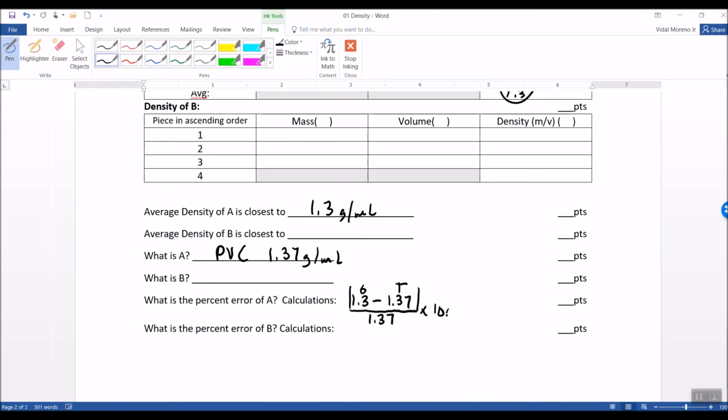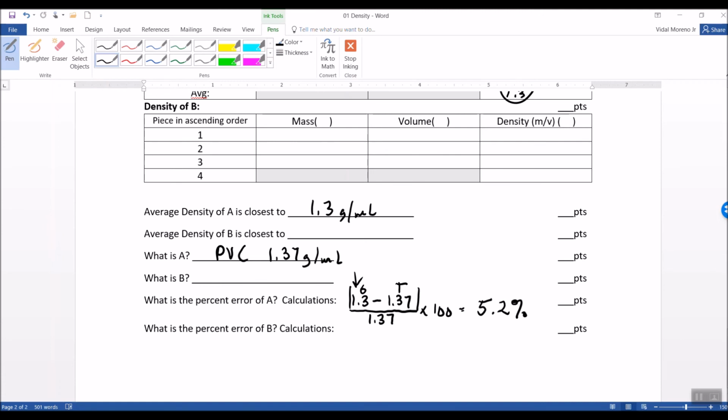And I want to see your work, please, nice and neatly. So for me, incorrect sig digs, because there should only be 2 sig digs for honors chemistry, and 1 decimal place for advanced chemistry, gives us 5.2%.